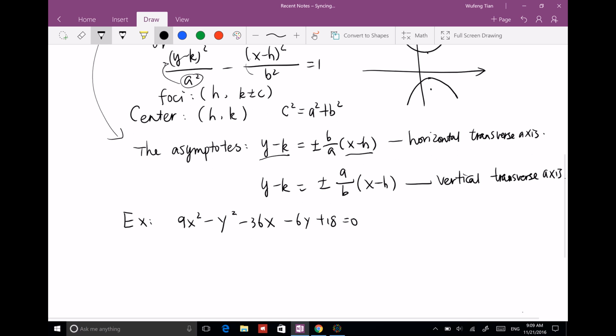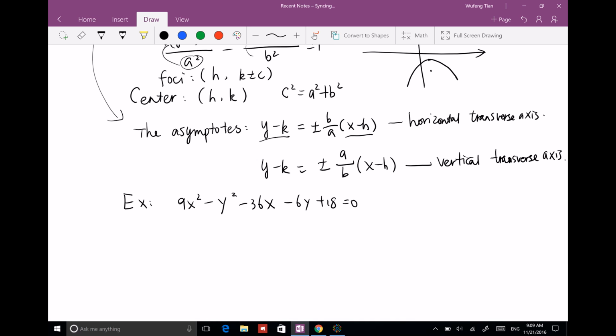Now I would like you to try to complete the square and change this into a conic section function. I'll give you 2 minutes to try this by yourself.